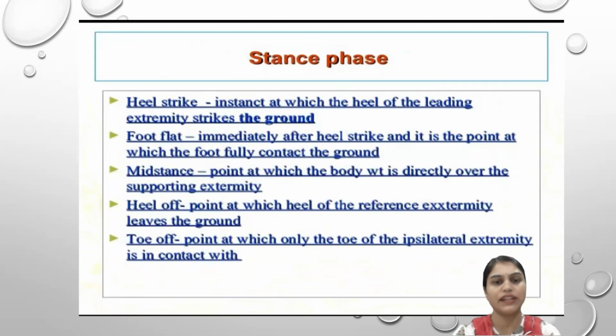Foot flat is immediately after heel strike, the point at which the foot fully contacts the ground. Mid stance is the point at which the body weight is directly over the supporting extremity. Heel off is the point at which the heel of the reference extremity leaves the ground. Toe off is the point at which only the toe of the ipsilateral extremity is in contact with the ground.